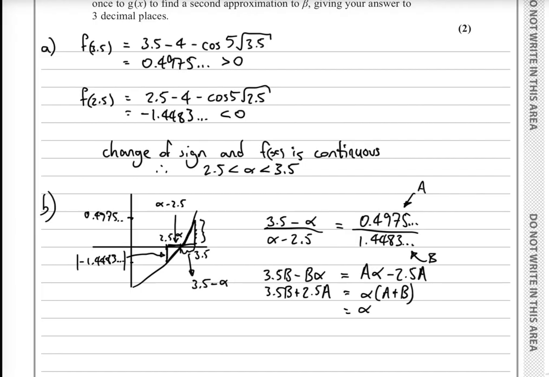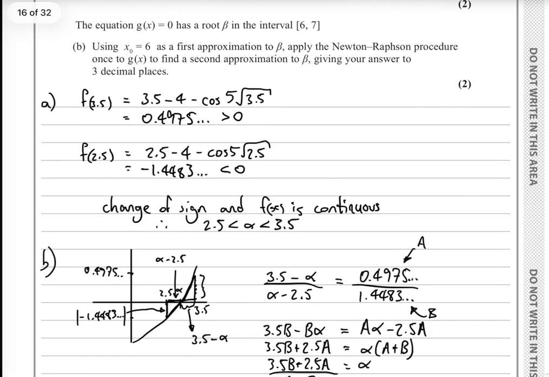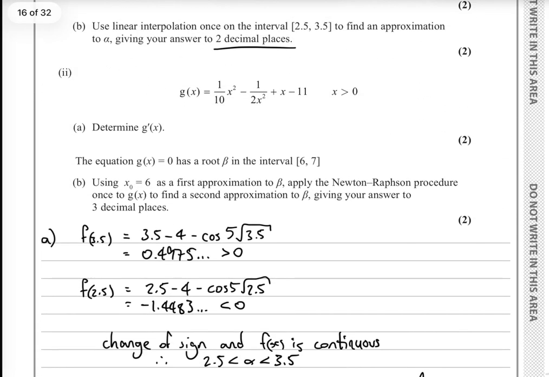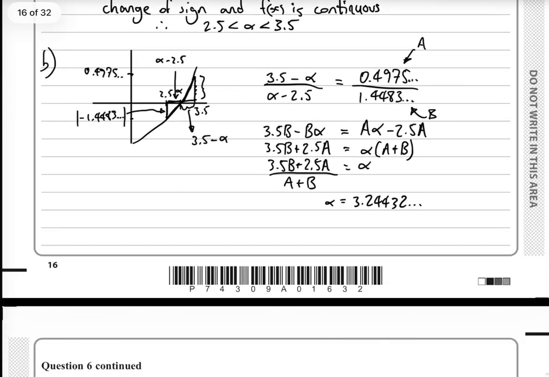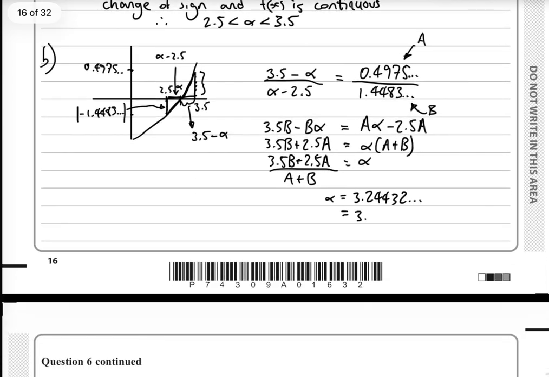And then alpha is equal to 3.5B plus 2.5A all over A plus B. And putting all of that on my calculator gives me 3.24432 dot dot dot. We are working to 2 decimal places, so that's 3.24.